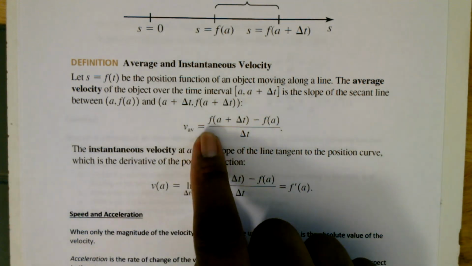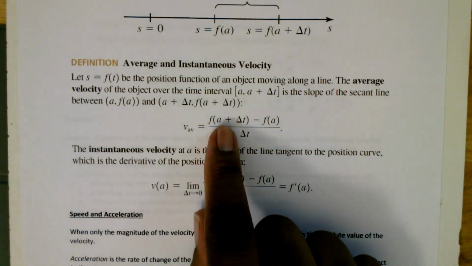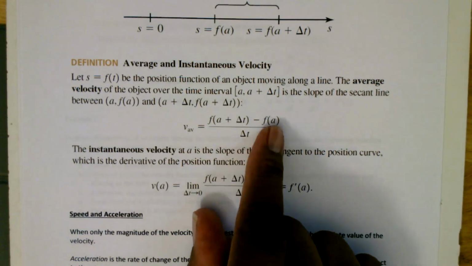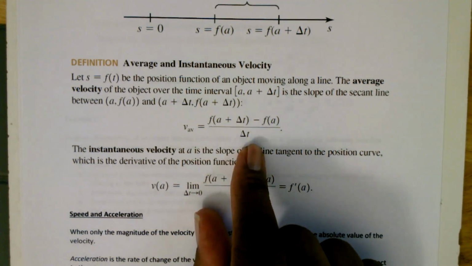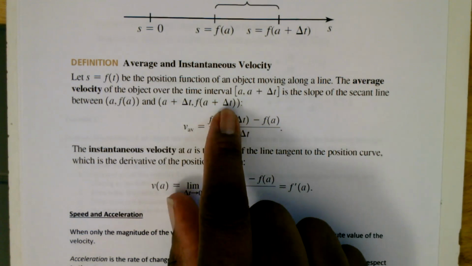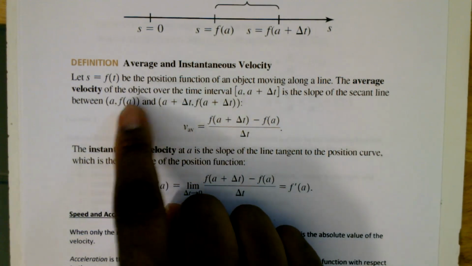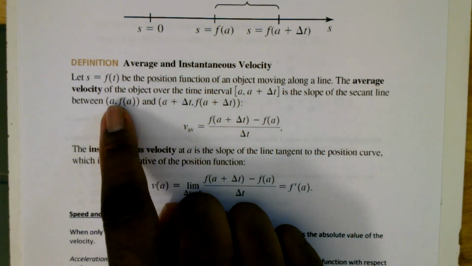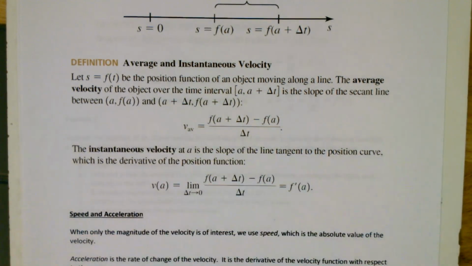That would be f of a plus delta t minus f of a, all divided by delta t, because this is y2 minus y1 divided by x2 minus x1. You'll end up with this. That's similar to the average velocity function that was talked about back in chapter 2.